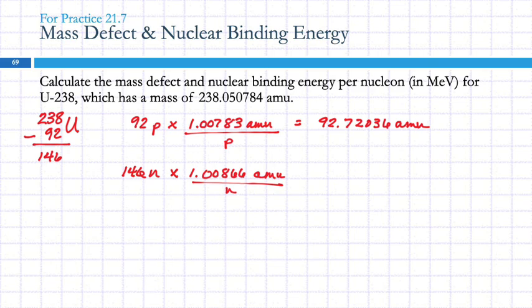And the neutrons give us 147.26436 atomic mass units.